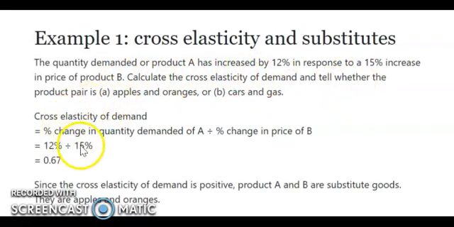So 12 divided by 15 comes to 0.67. Because it has a positive answer, it's a substitute good. If our answer was negative, it would have been a complementary good. That means it's a substitute: either you use good A or you use good B.